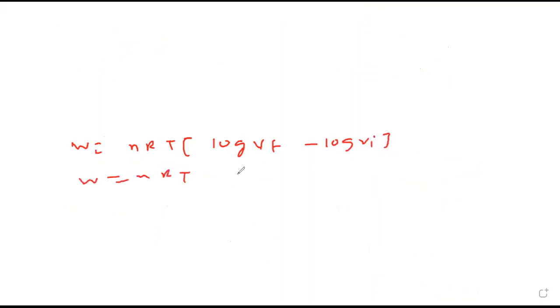Yes, sir. Okay. So we got work done is nRT log. To simplify this, you put the upper value: log of final minus log of initial. What is log A minus log B? It is log of A upon B. This is the formula for log A minus log B. Here no base means e.